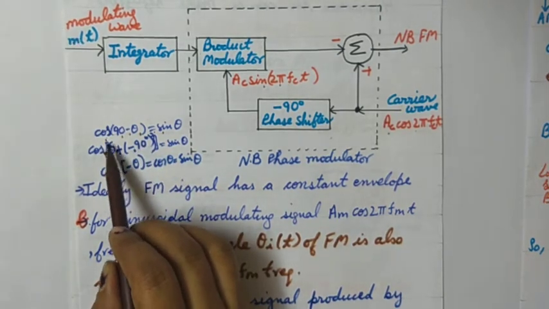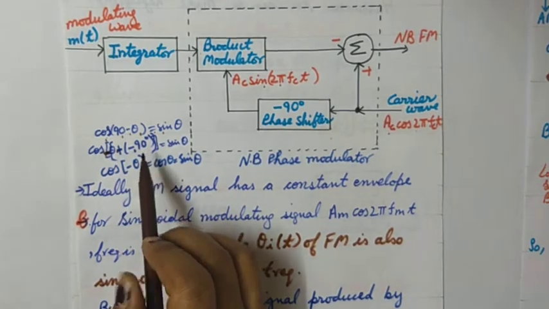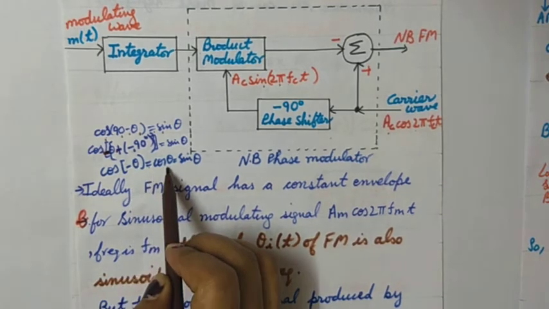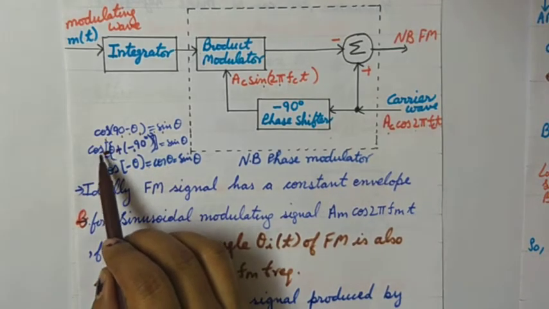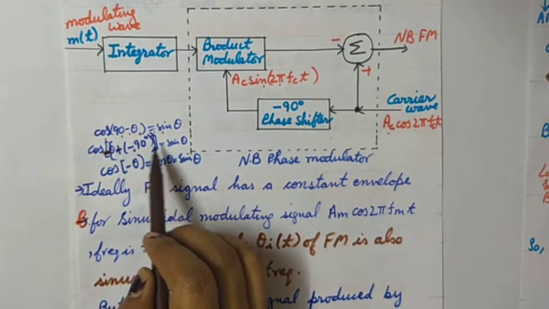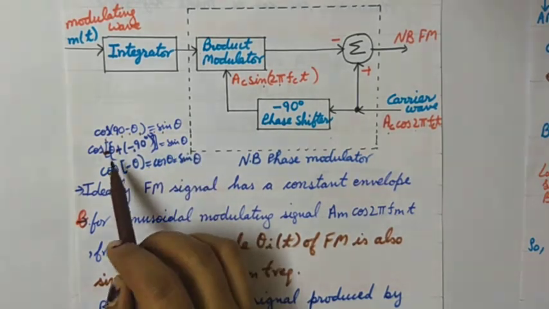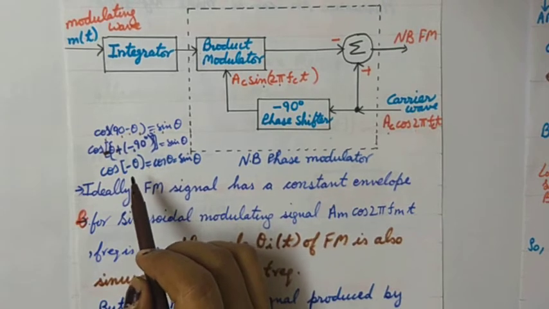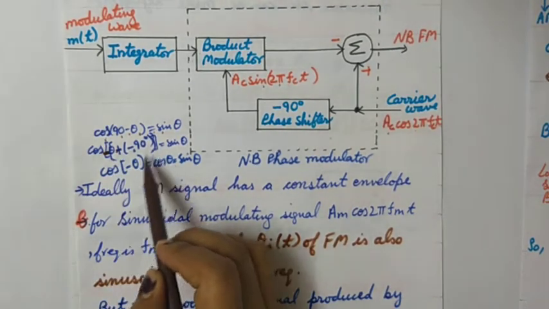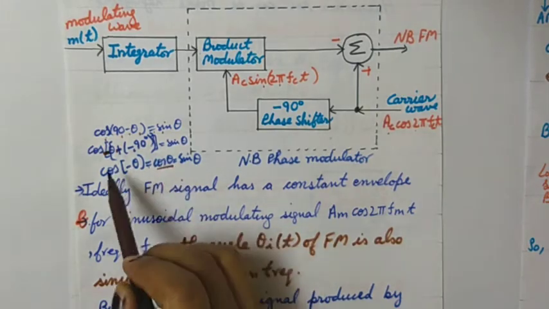Cos inside the bracket with minus common, and we know that cos of minus θ is cos θ. So cos(θ minus 90 degree) is equal to sin θ. Here basically what I have done is taken minus common, since these are the same.